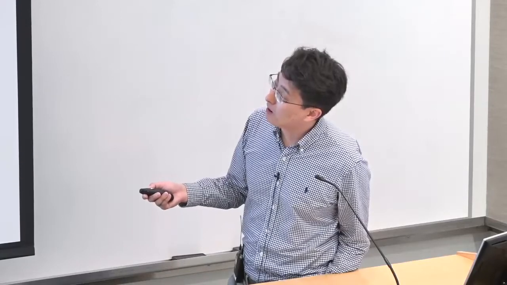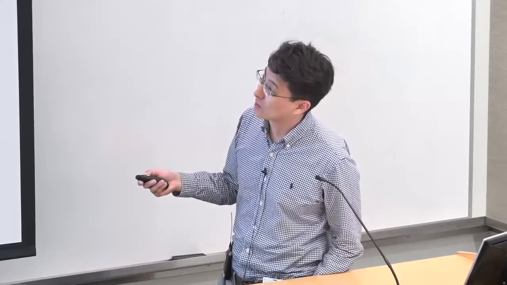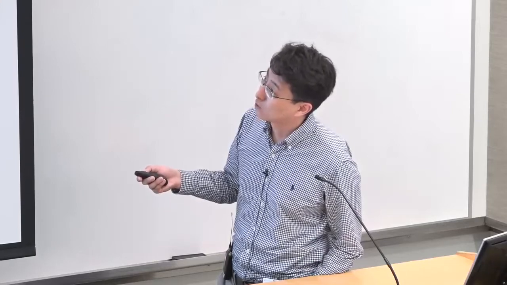So very similar to what we described before. Remember before we have this V times S1 plus W times E. Instead of completely recovering S as a full vector, we're going to separate S into two parts. I call them S1 and S2, which correspond to the left-hand side columns of A and the right-hand side columns of A. I call them A1 and A2.